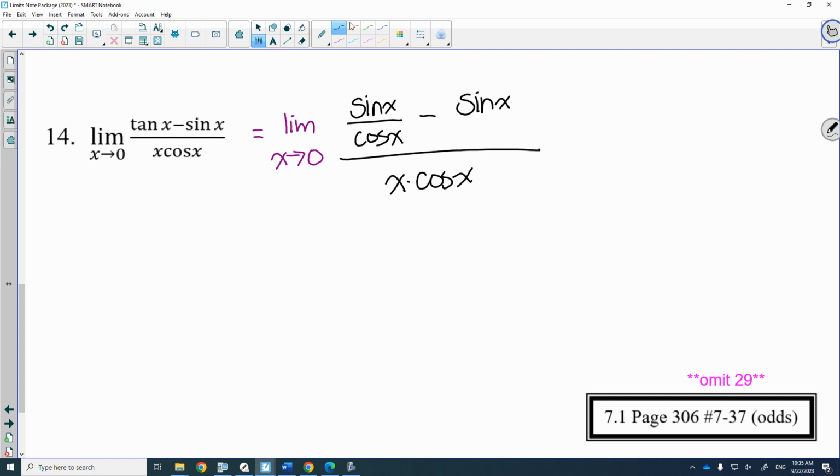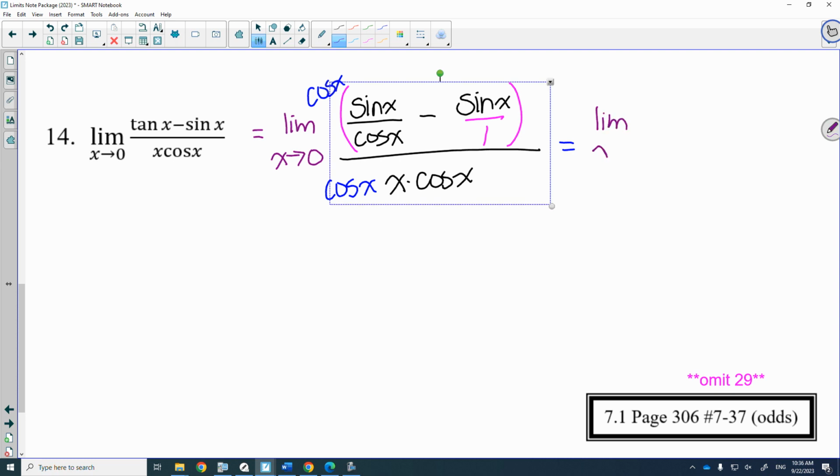Okay, I could do common denominators here and then multiply by the reciprocal, but you know what I'm going to do? Let's do this as a complex fraction. Let's say, what would we multiply this numerator by to get rid of that cos of x? So I would multiply my numerator by cos of x, and what you do to the top, make sure you do to the bottom to balance it. This is going to give me the limit as x approaches 0.